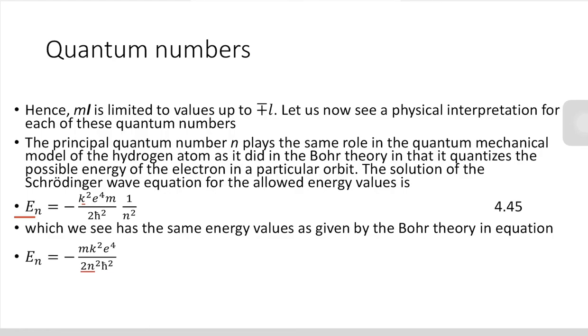The solution of the Schrödinger equation for the allowed energy values is E sub n equal to minus k squared e to the fourth m over 2 h bar squared, multiplied by 1 over n squared, which we see has the same energy values as given by the Bohr theory, E sub n equal to minus m k squared e to the fourth over 2 n squared h bar squared.